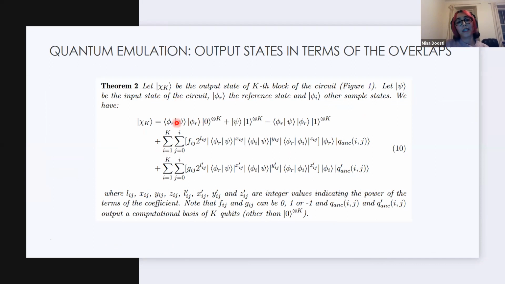What you can see is that with some probabilities, you find the state in the reference state here, here, here, and here. And this happens with a probability that depends on the overlap of your state with the reference state and your state with other samples. But the cool thing is that this part of the output will always remain the same, which plays an important role in the emulation.